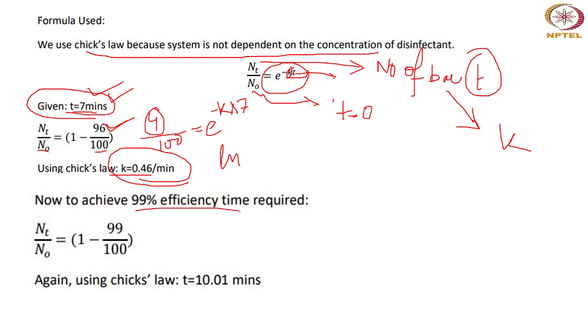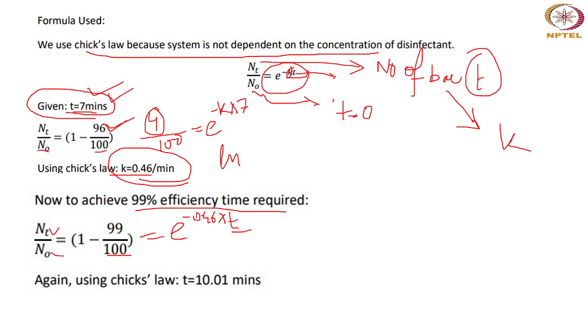Now 99% is the efficiency required. So I am writing again Nt by N naught, that is 1 minus 99 divided by 100, equals e to the power minus 0.46 into t. Now we have to calculate t.